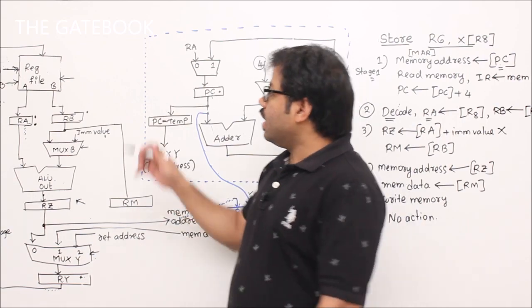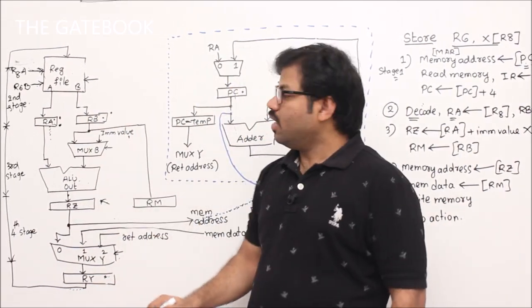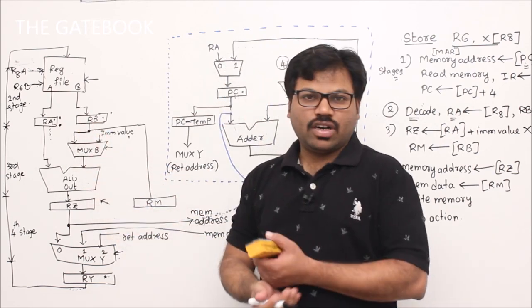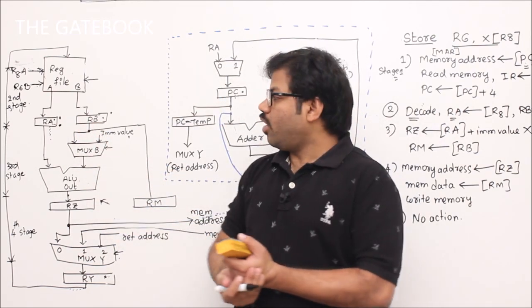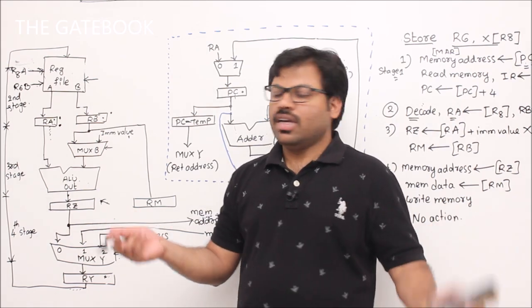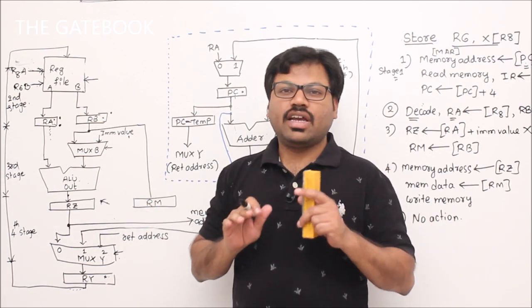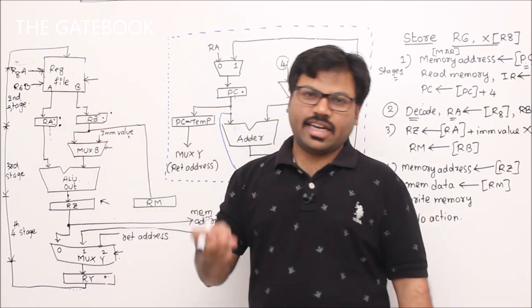In the second clock cycle, if you observe the data, definitely RA and RB contain those values. Sir, what about the third stage? What happens in the third stage? Anything can happen. In the third stage also, RA and RB might show the same data, but we are interested in the second stage, or the second clock cycle.